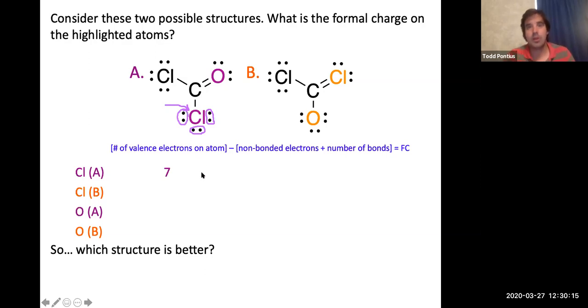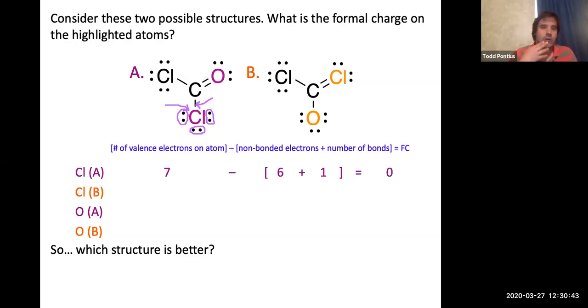Each lone pair has 2 electrons, so the number of non-bonded electrons is 6. And then the number of bonds, it's got the 1 bond right here. So it's going to be 7 minus 6 plus 1, which ends up giving us 0. We'll see most of the time atoms have formal charges of 0.